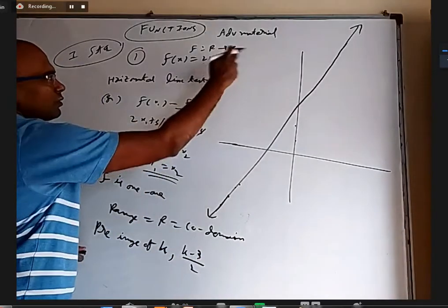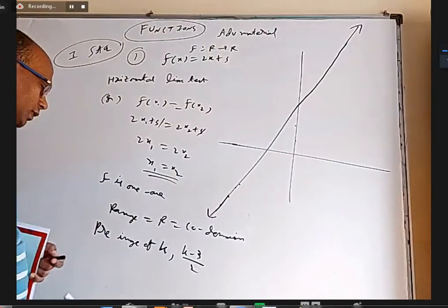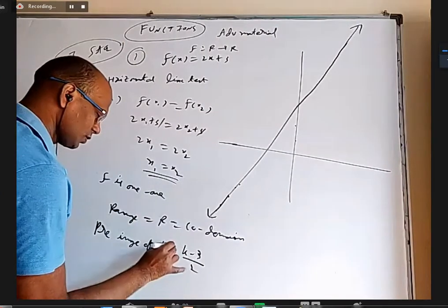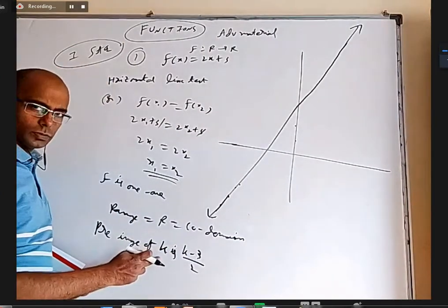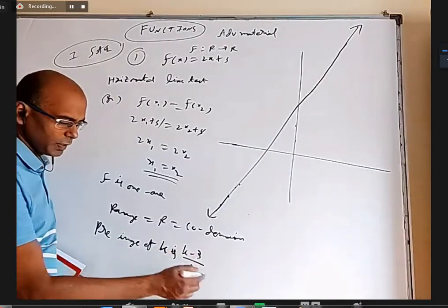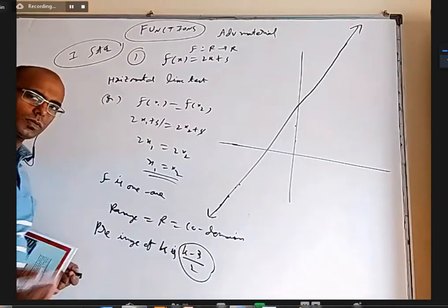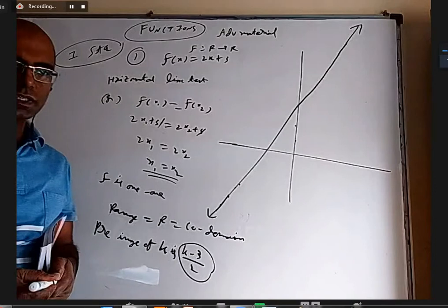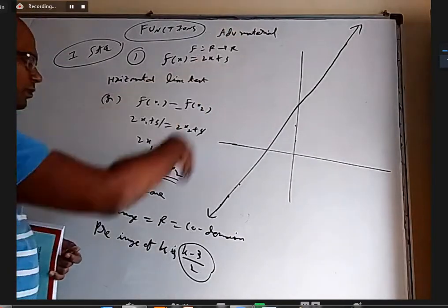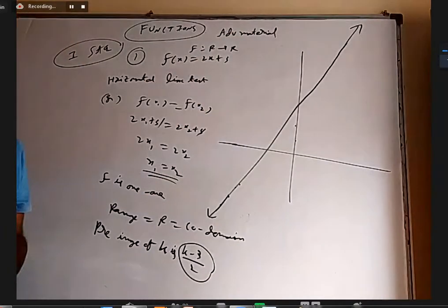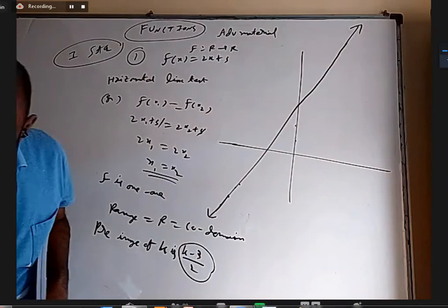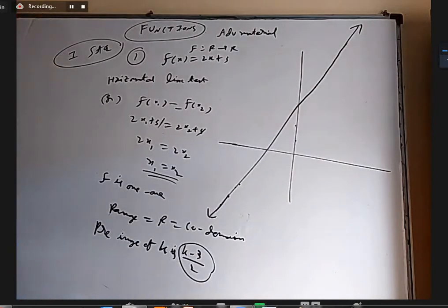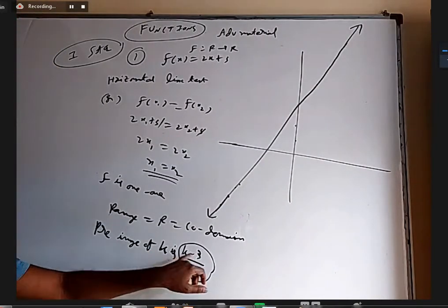Equate this to k, you'll get k minus 3 by 2. So whatever element you take in the codomain, I am able to tell the corresponding pre-image. So every number has a pre-image, that's why the range is all reals. Or you can directly say from the graph that the range is all reals. There is no number which doesn't have a pre-image, because the pre-image of any number is simply that number minus 3 by 2.